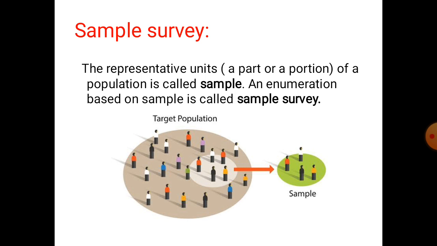The large number of people represents the population, and if you select a few people from that population for study, then those few people will be considered as a sample. So it is a part or a portion of the population which represents the population, and an enumeration based on a sample is called a sample survey.